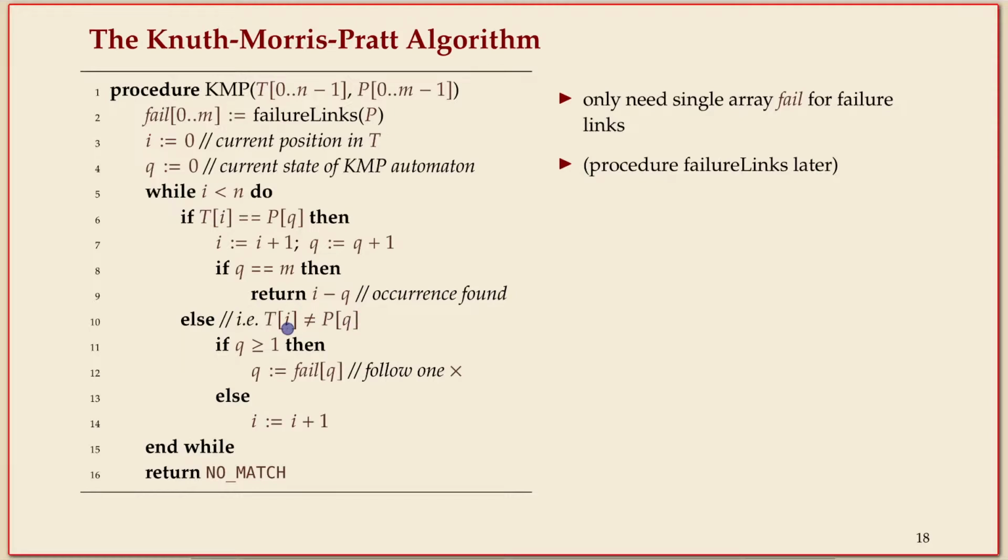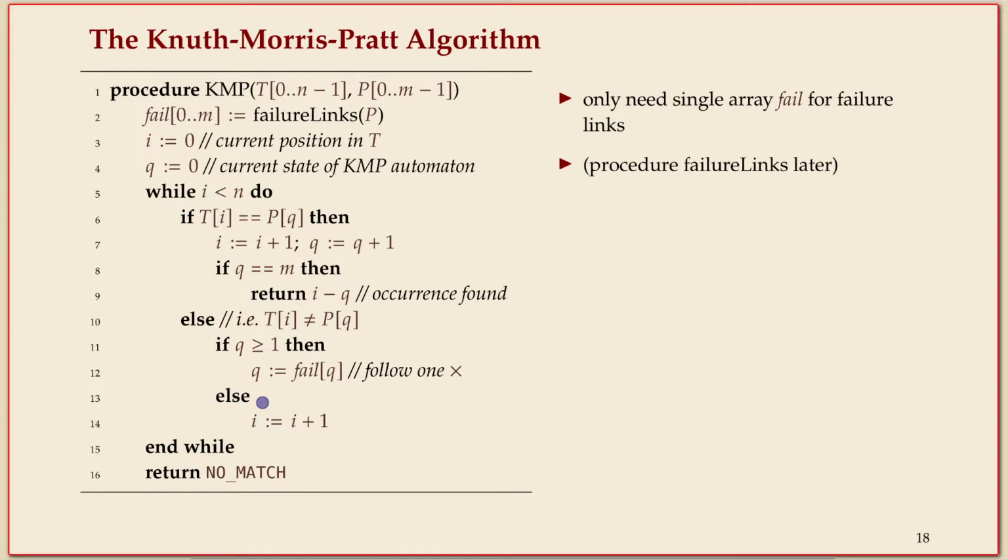Now the interesting thing is the failure link if the next character does not match. So in this case, there's two options. If you're in a normal state, not the state 0, then you have to follow a failure link. So we take one failure link and then check again. And this checking again is just doing the while loop iteration one more time. Right, so if we couldn't match a character, we do one failure link, and then we go back and try again, and this automatically does the right thing.